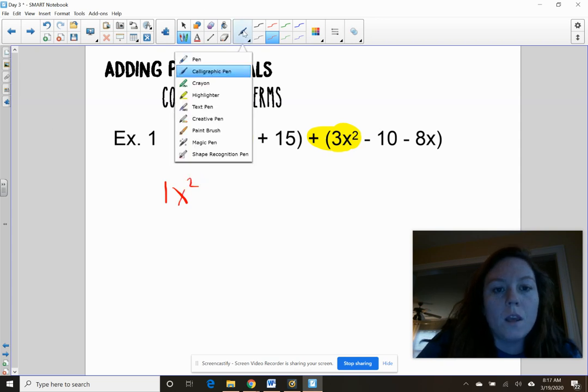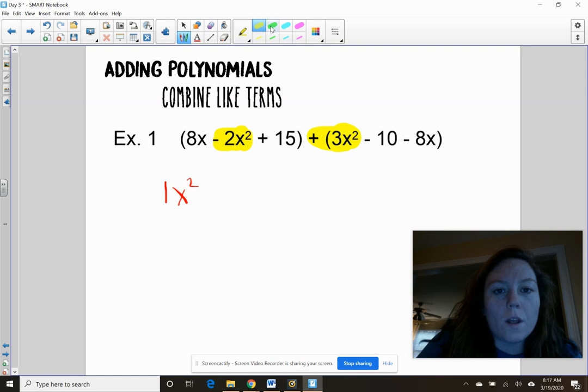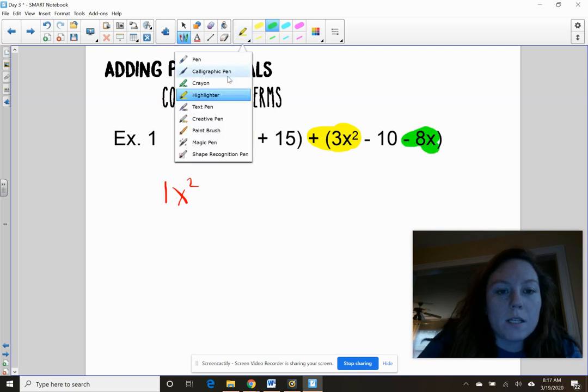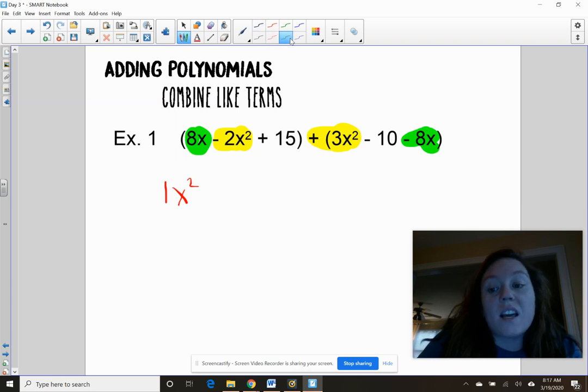Okay. Now, let's see what our next like terms are. So after the 2 comes a 1. So here's my x to the first. I have 8x and a negative 8x. What's 8x minus 8x? That's 0, or 0x.